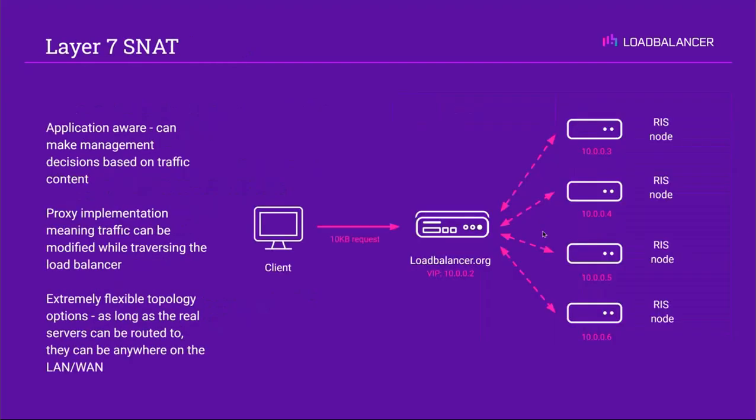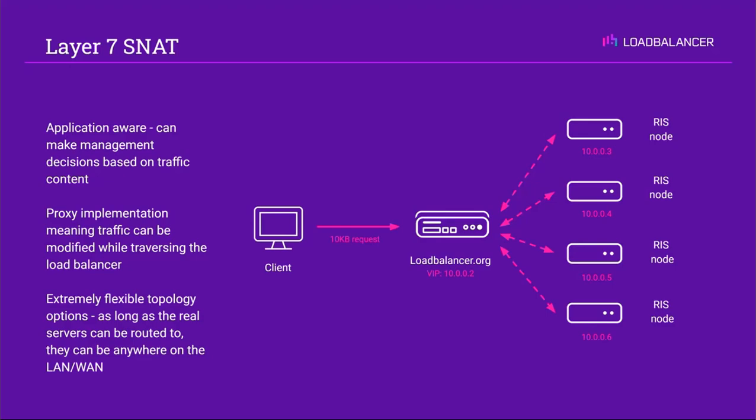And now to explain how the layer 7 SNAT deployment works. As mentioned before, unlike layer 4, HAProxy is basically a full proxy implementation where client requests will be passed on to the load balancer. Then yet again, the load balancer, based on the algorithm, will choose one of the RIS nodes to which it will redirect that request.